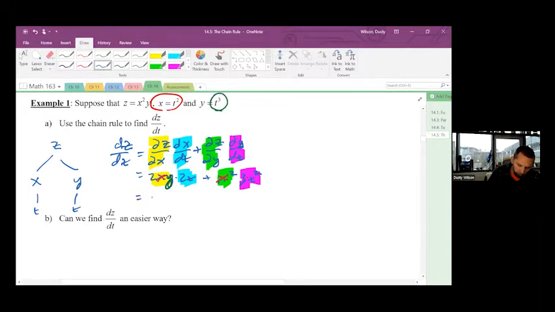So this will be equal to 2 times t squared times y, which would be t cubed, oops, t cubed, not y cubed, times the 2t, plus x squared, which would be t squared squared, times 3t squared. Altogether, this is 4t to the 6th plus 3t to the 6th, or 7t to the 6th.